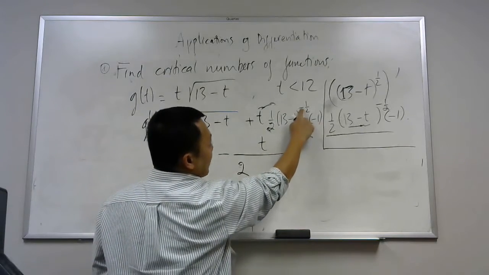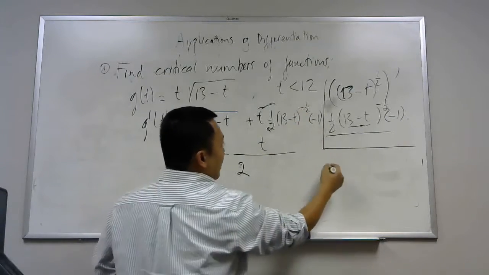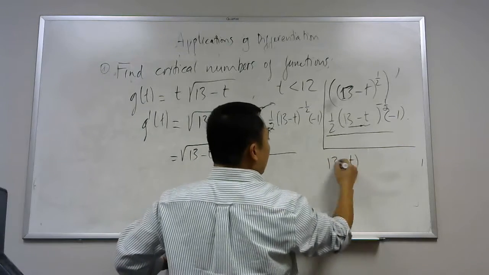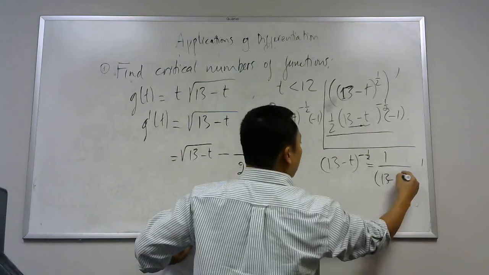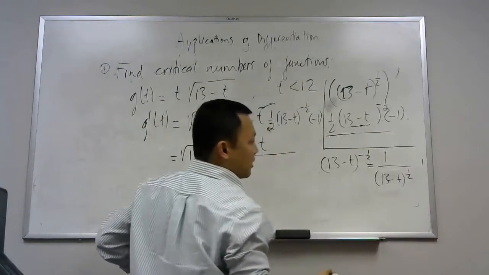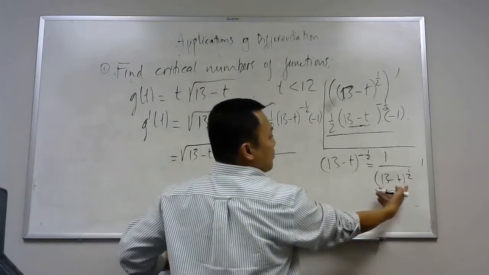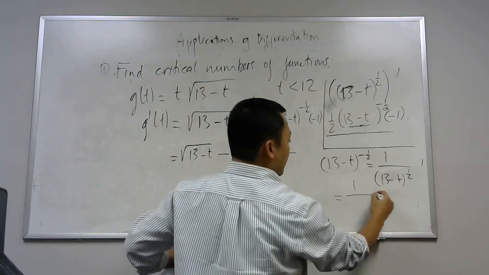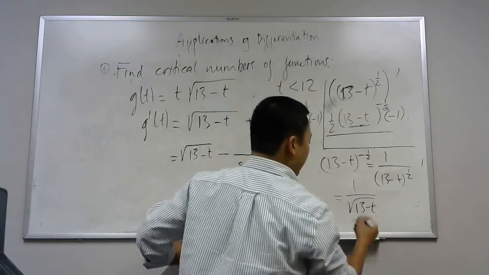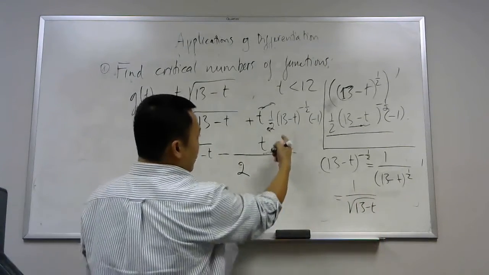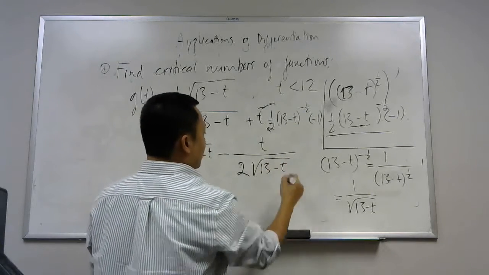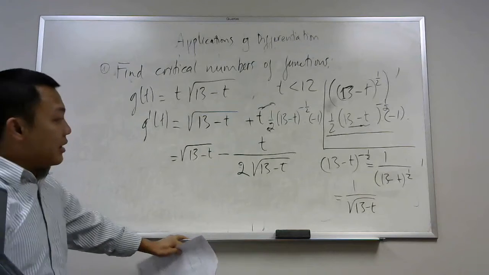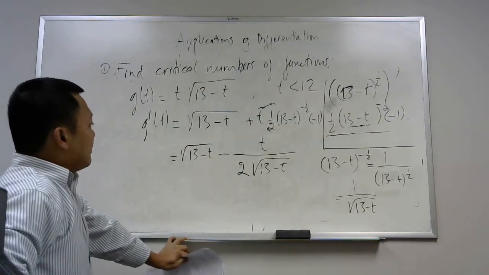The power of negative 1/2: 13 minus t to negative 1/2 equals 1 over 13 minus t to 1/2, which is just the square root of 13 minus t. So I will rewrite this in this form, 2 times the square root of 13 minus t, and that is our derivative.